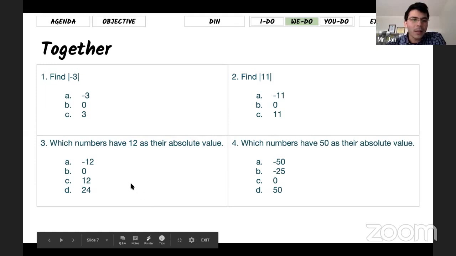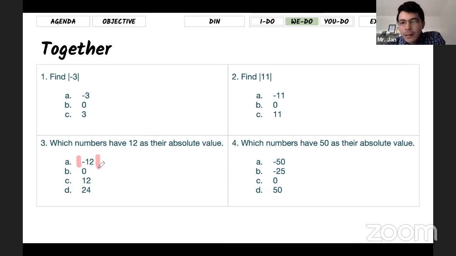Let me grab a pencil. So let's say the absolute value of -12, right? Wow, you got it. No, not B. For example, the absolute value of 12 is 12. So yes, A is the correct answer.